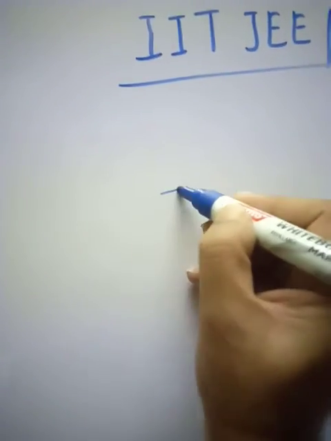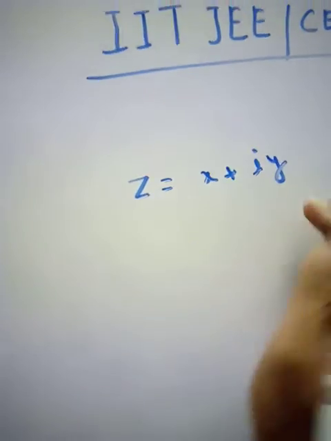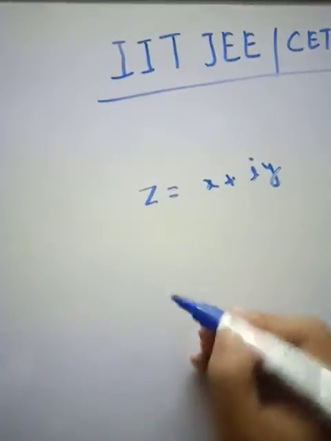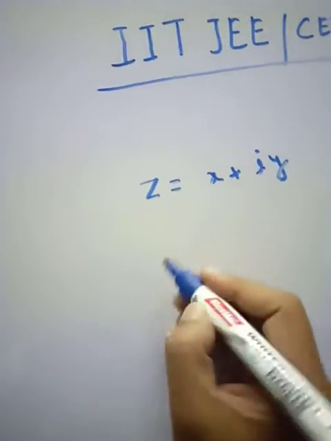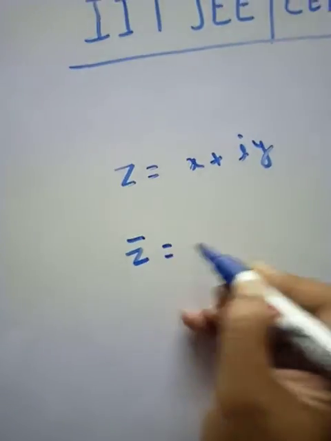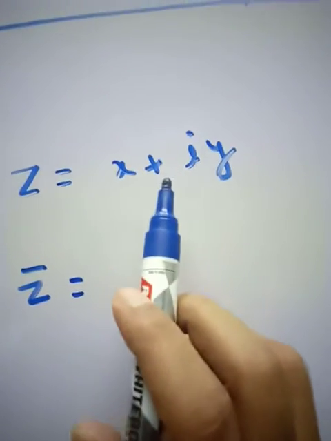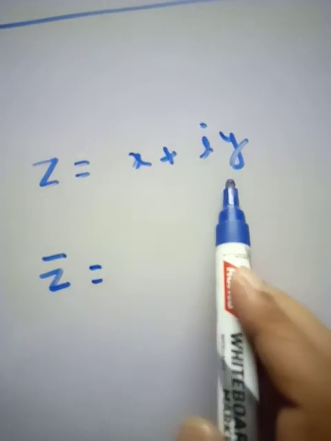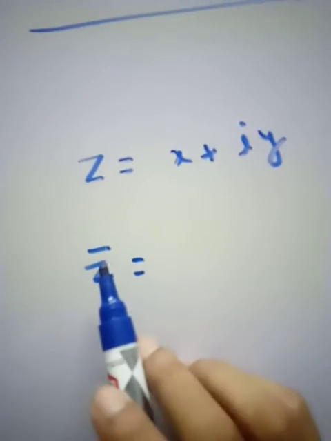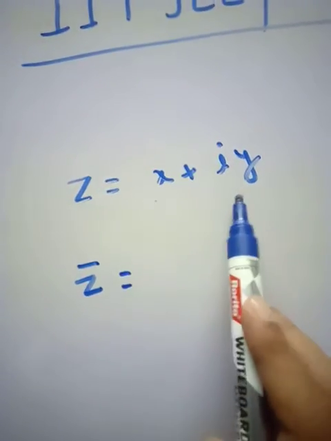And here we have z equal to x plus iy. Now, what is the conjugate of the complex number? If you take the conjugate, what do you have to do? We have to change the sign between the real part and the imaginary part.